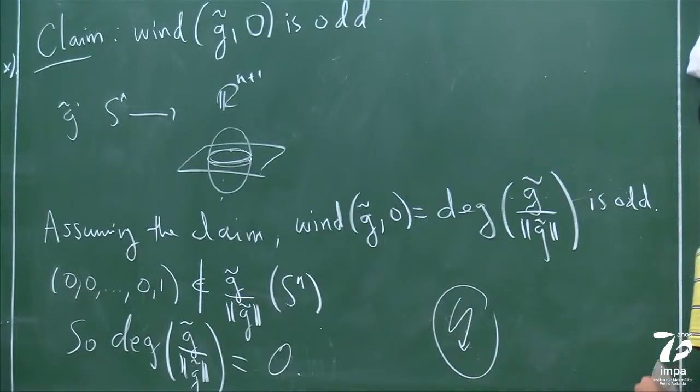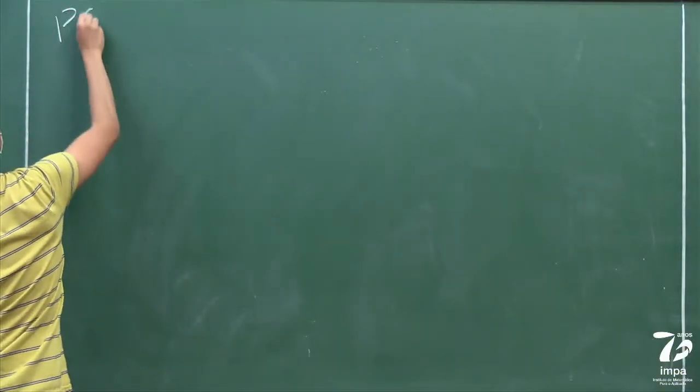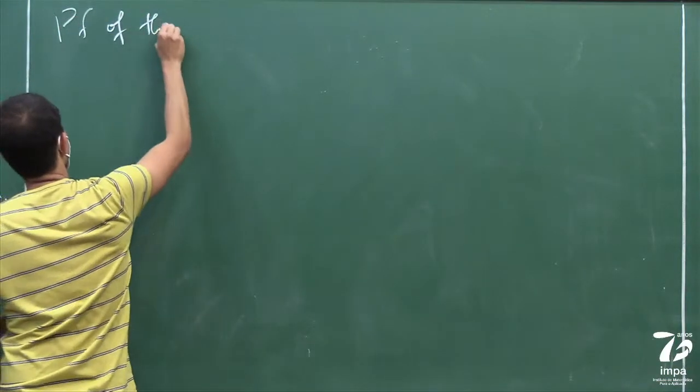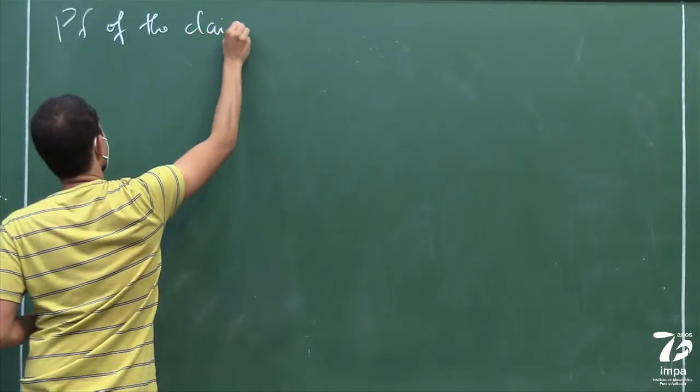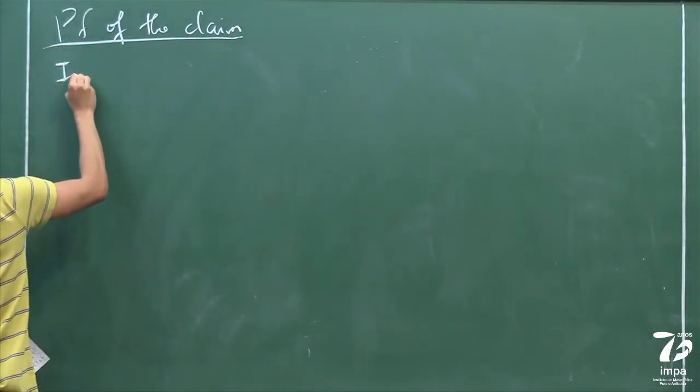Okay, so what we're going to prove is that this winding number of g tilde is odd. And we're going to do that by induction. So, proof of the claim. We're going to apply induction.